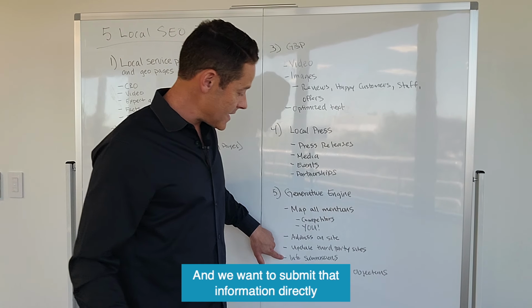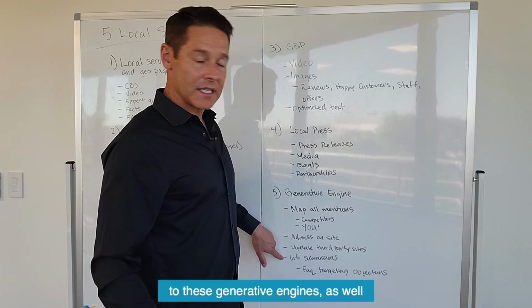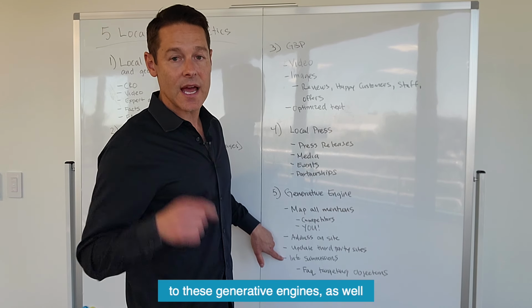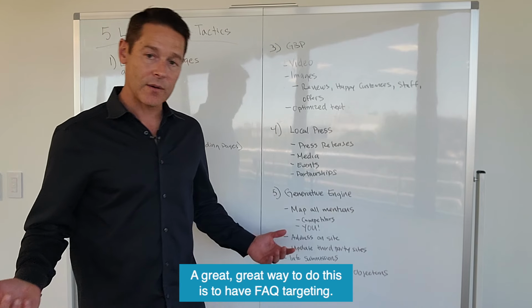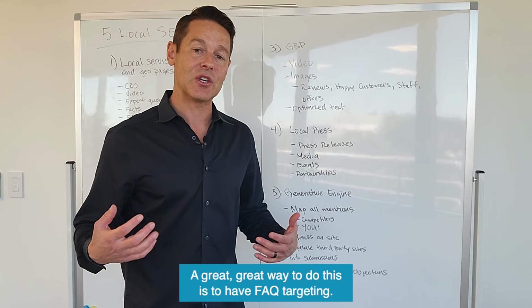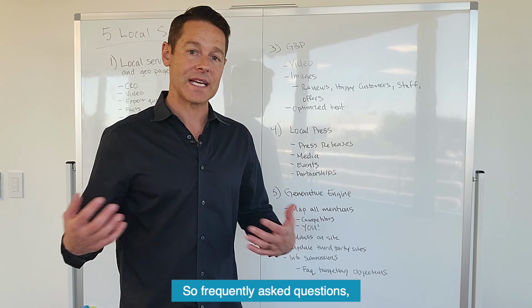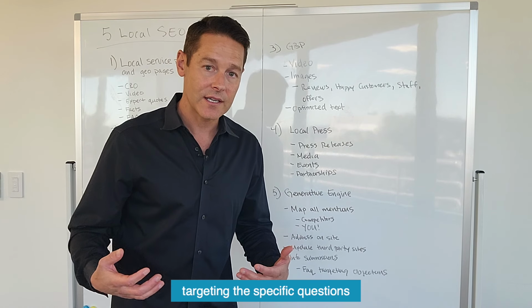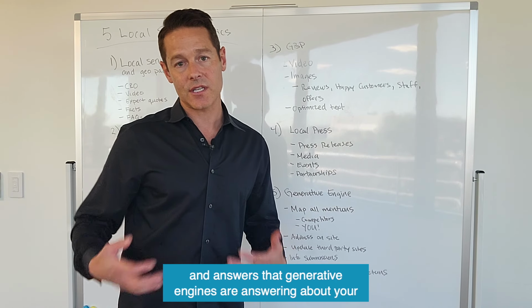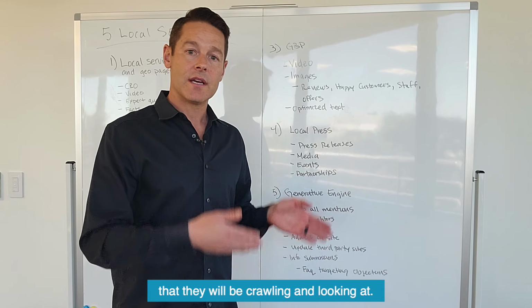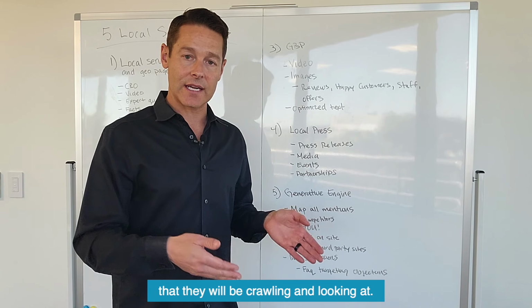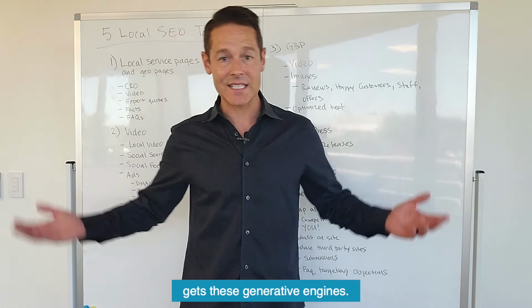And we want to submit that information directly to these generative engines, as well as have it readily available on the website. A great way to do this is to have FAQ targeting, so frequently asked questions targeting the specific questions and answers that generative engines are answering about your business on the web pages that they will be crawling and looking at, and also just making sure that information gets to these generative engines.